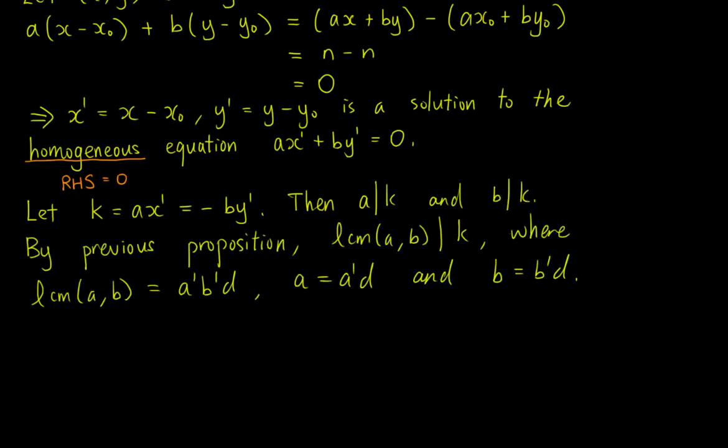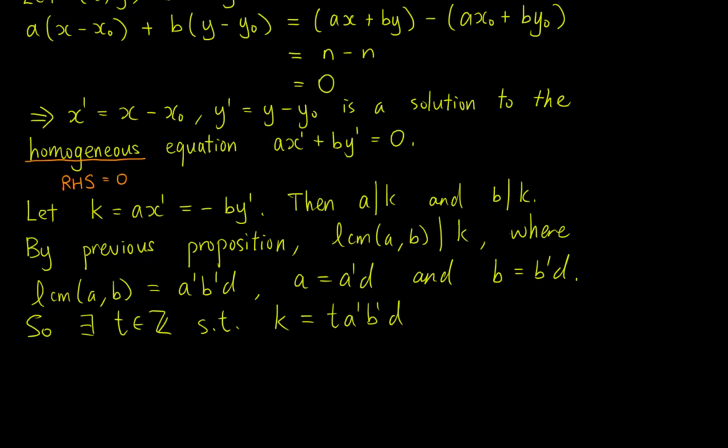From the previous proposition, we know that the LCM of a and b also divides k, where the LCM of a and b can be written as a prime times b prime times d, as a equals a prime times d, and b equals b prime times d.